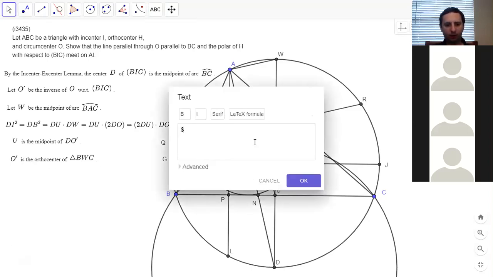So AH equals 2OU, and WO' also equals 2OU.